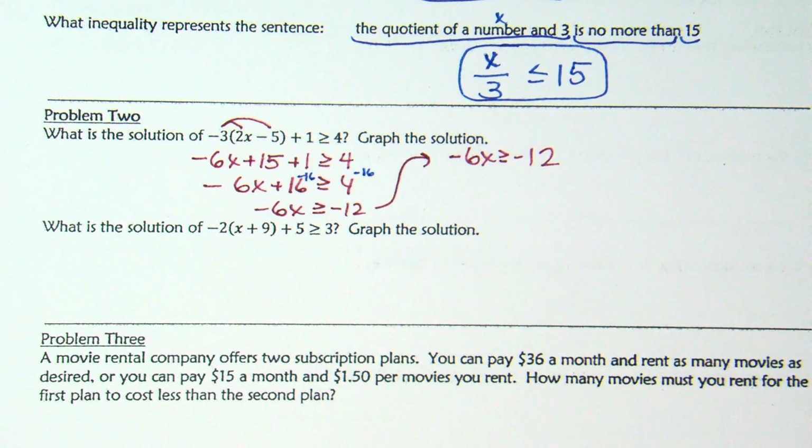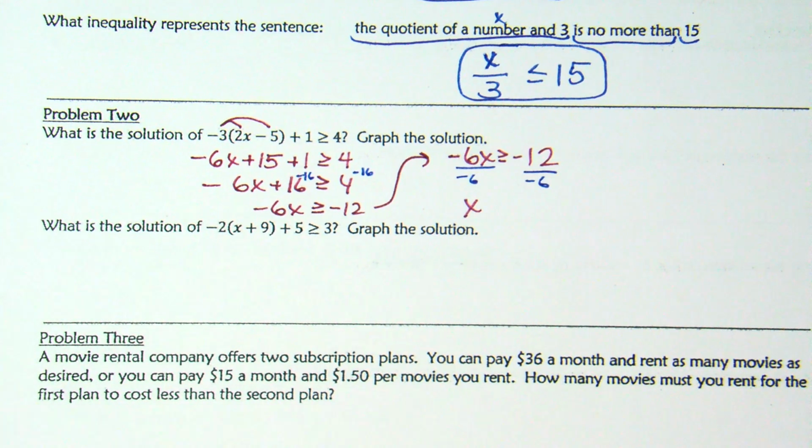Final step is, AJ? Okay, divide by negative 6. Negative 6x divided by negative 6 leaves me with x. Negative 12 divided by negative 6 is what? 2.